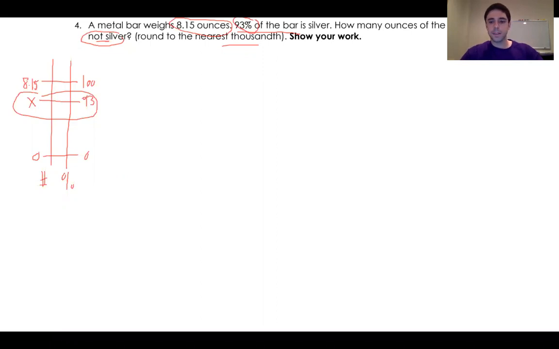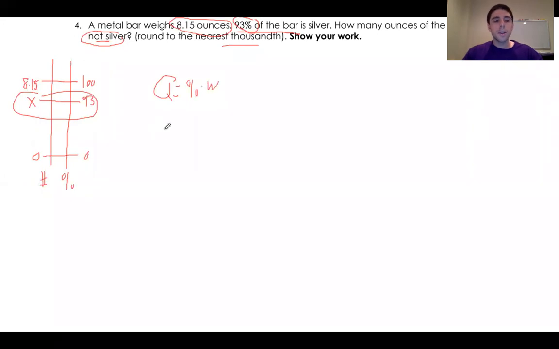Exactly. Awesome. We have another person join us. Welcome. Let me send them a quick message. Awesome. So our percent equation is going to be quantity equals percent times whole.